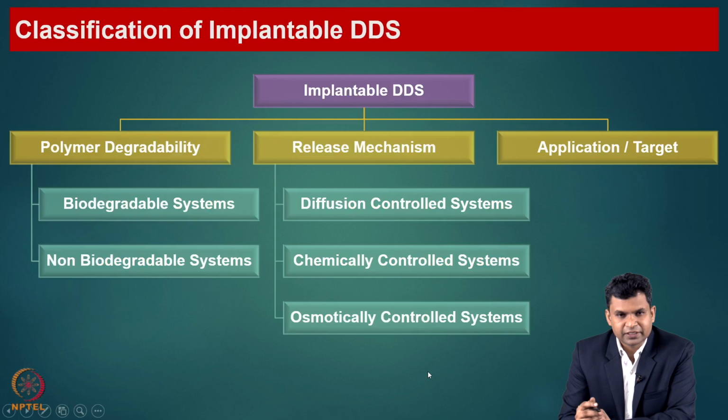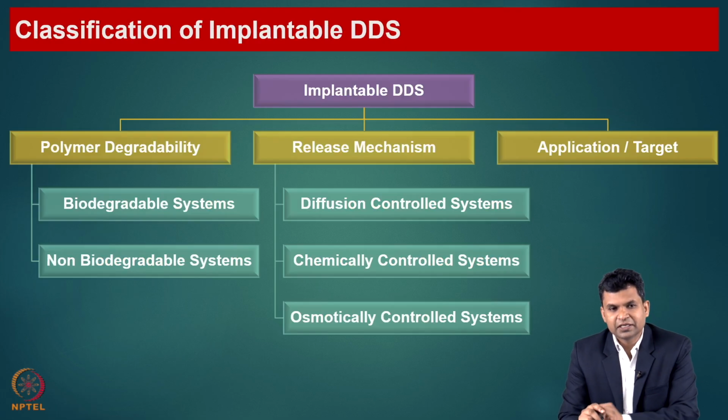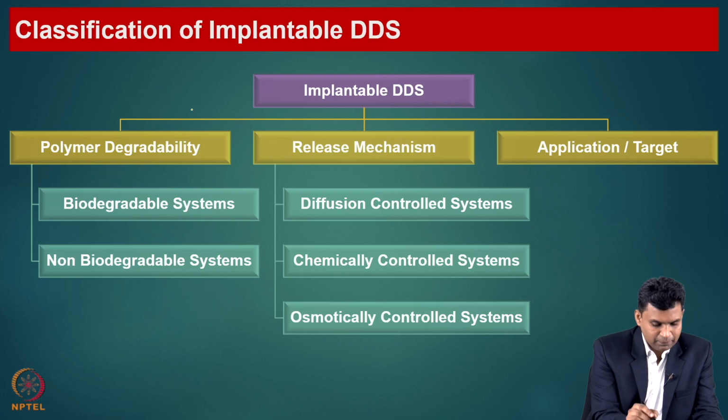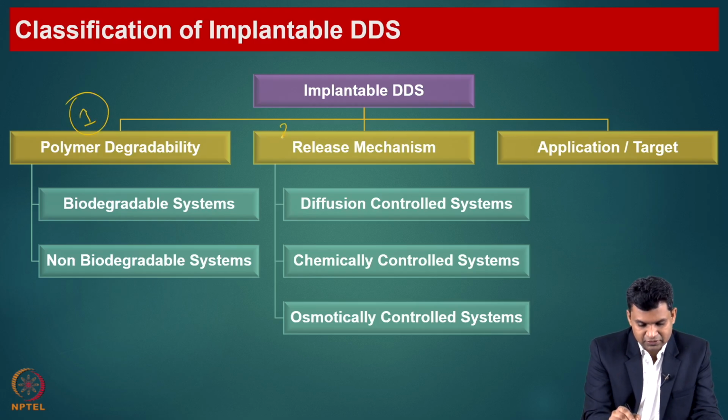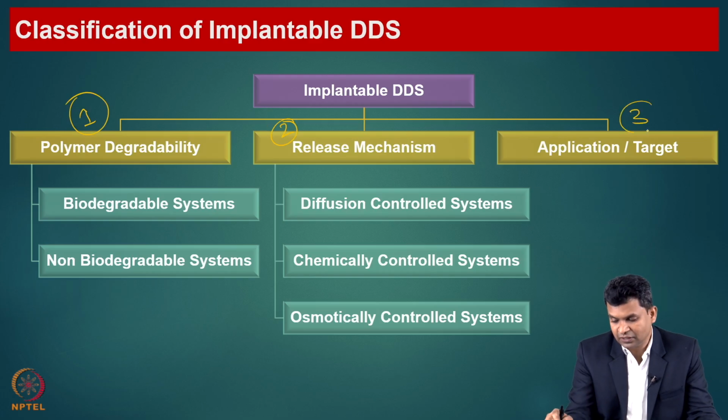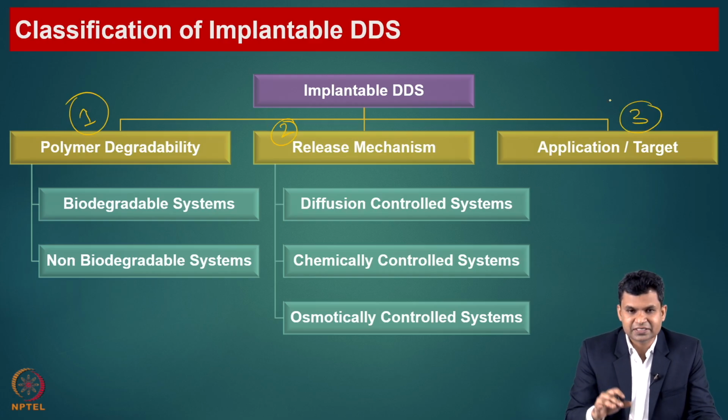The implantable drug delivery system can be classified into three categories: first, based on polymer degradability; second, based on the release mechanism; and third, based on the application or target site.